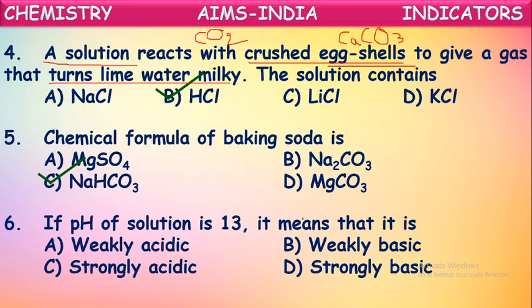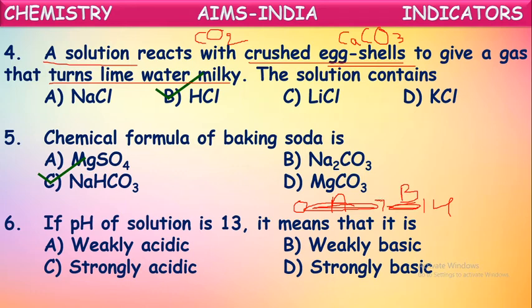We know the pH ranges from 0 to 14. If the pH is between 0 to 7, that represents acid. If the pH is between 7 to 14, that represents a base.